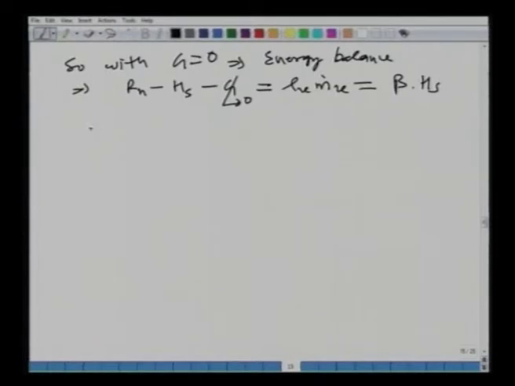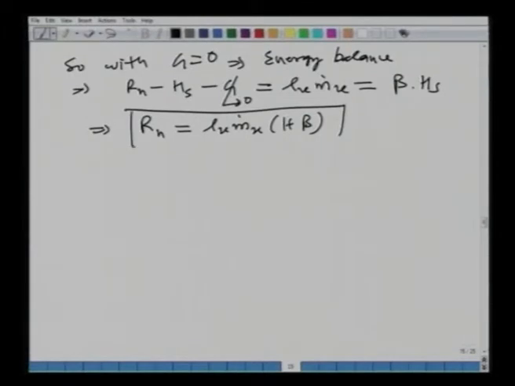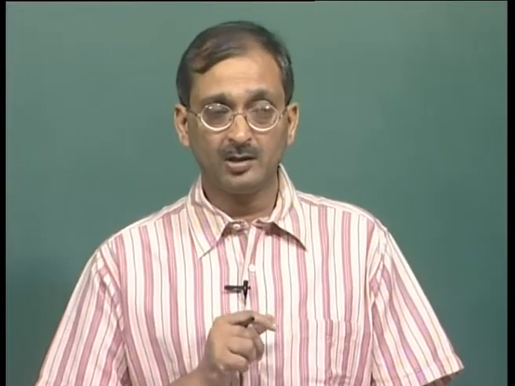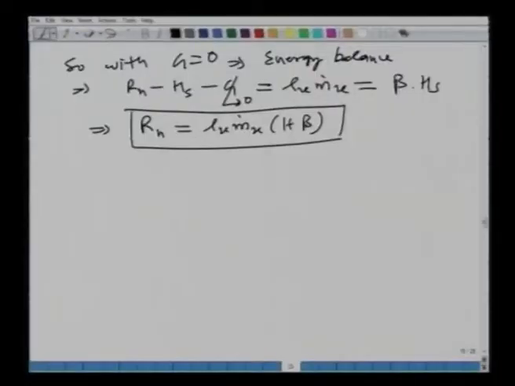If you simplify that, then you will have Rn equal to Lv m dot V times 1 plus beta. So, you see that in Rn we have incorporated beta, which incorporates Hs, the sensible heat loss. So, we are indirectly accounting for this Hs without actually having to measure it. Let me number this equation as 3.5.20.